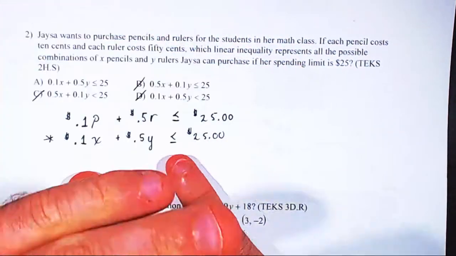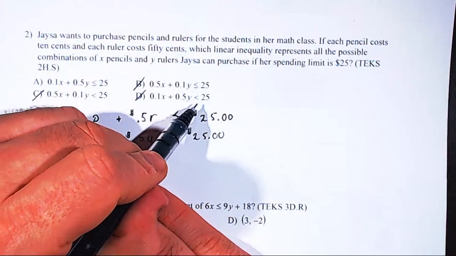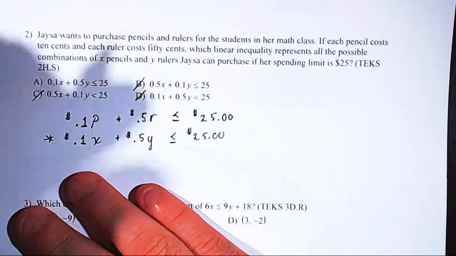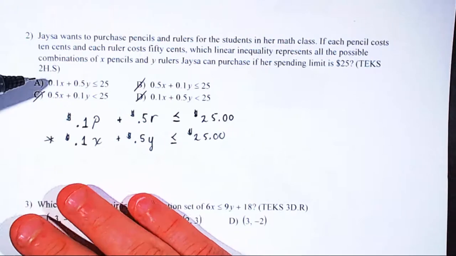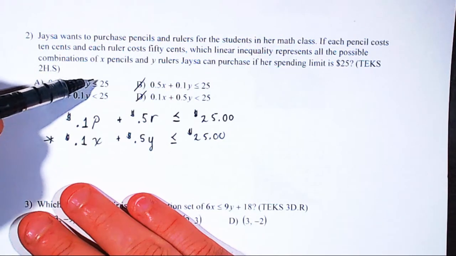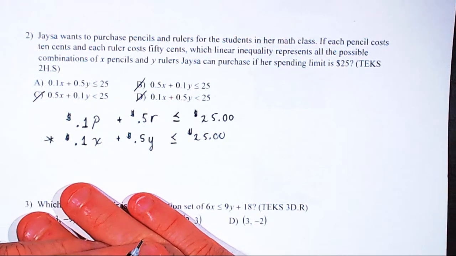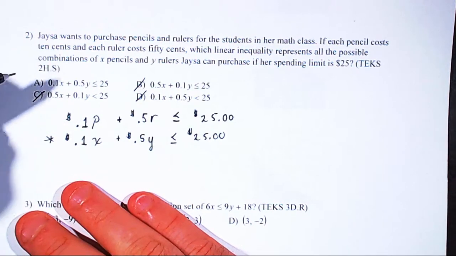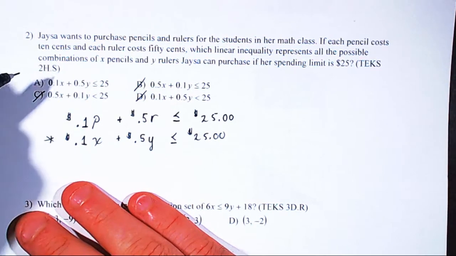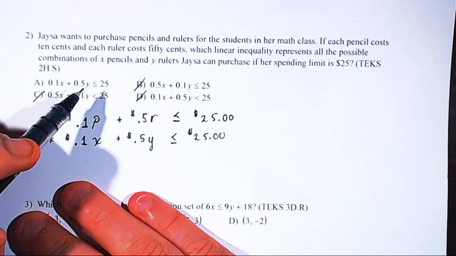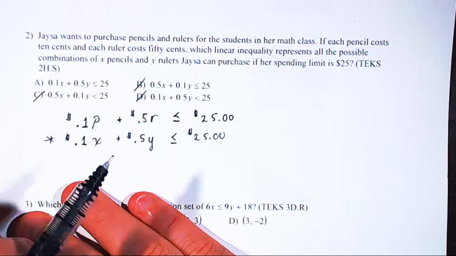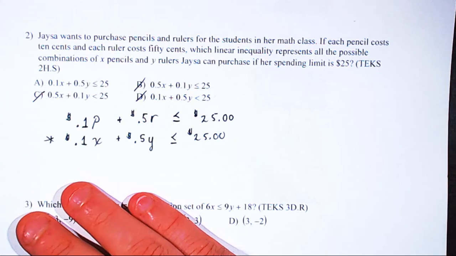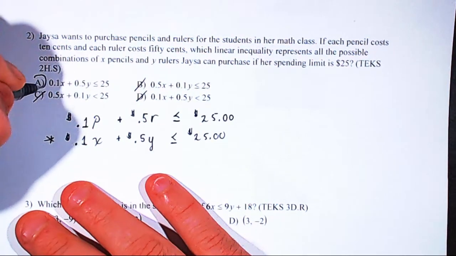So D is wrong, just because that inequality symbol lacks that equals bar. So that leaves us with A, 0.1x plus 0.5y is less than or equal to 25. In other words, when she's shopping for pencils and rulers, she can buy any combination of pencils and rulers so long as the total cost does not exceed $25. And that's why A is correct.